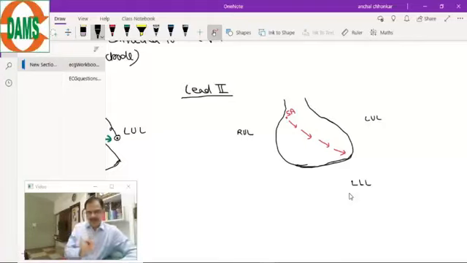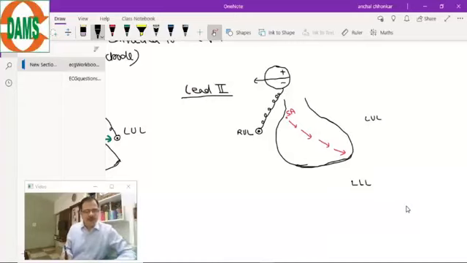Now to make lead 2, this is the galvanometer. In lead 2, we take a wire from the right upper limb and connect it to the negative pole.